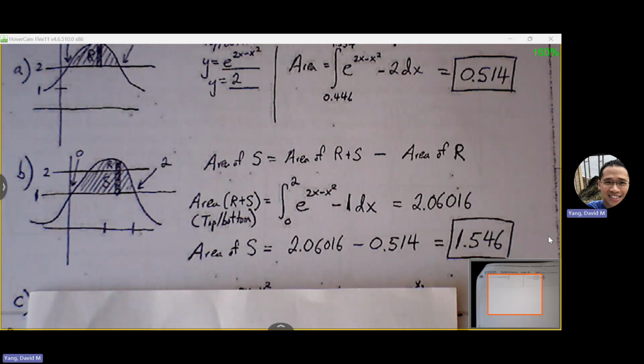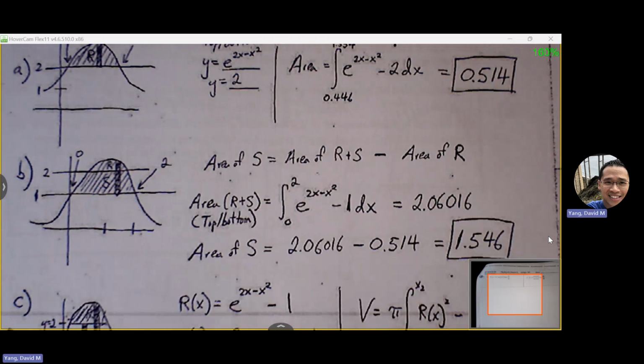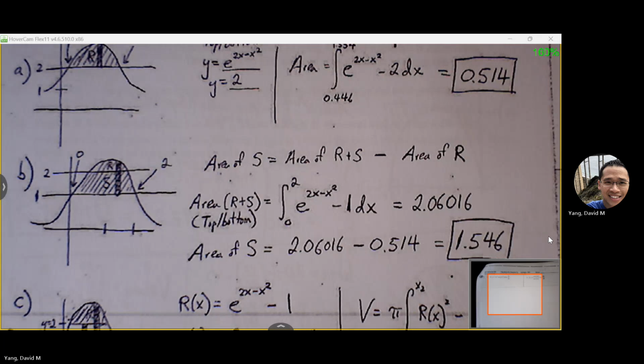Okay, let's end with part C. We're going to rotate region R about the line y equals 1. So there's a gap. So we can expect washer method out of this process. So we're just going to set it up. We're not going to plug in the calculator.